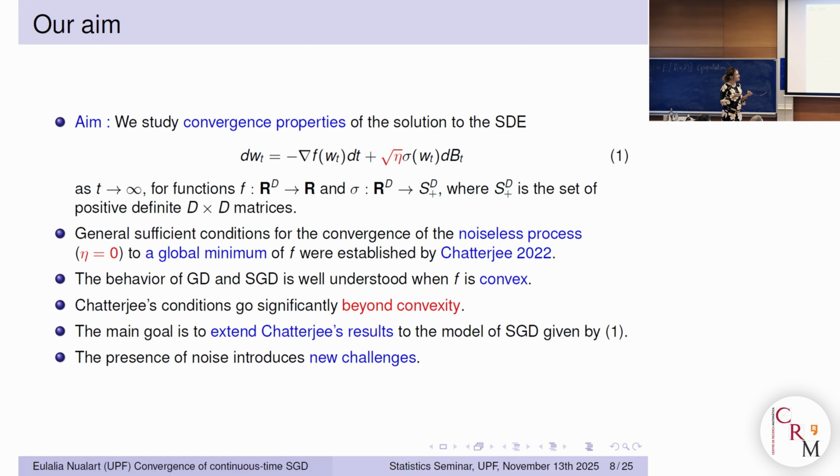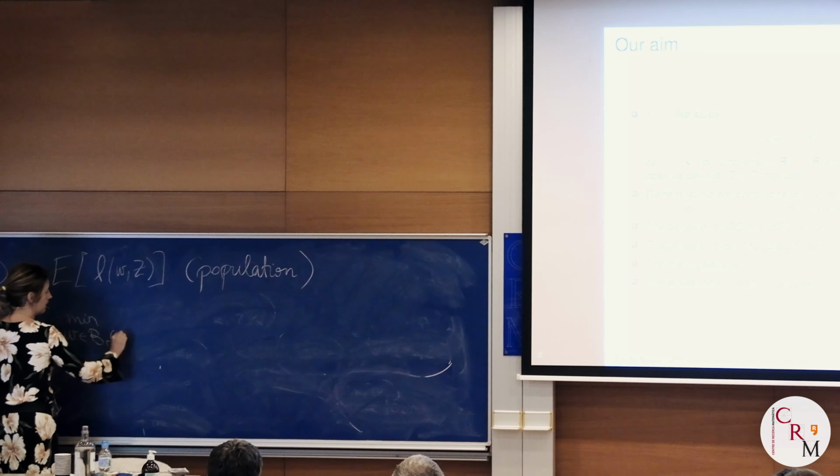And the problem is that we have neural networks in mind to apply, and this condition globally is not satisfied. So Chatterjee managed to get a result on convergence with a local Polyak-Lojasiewicz condition.